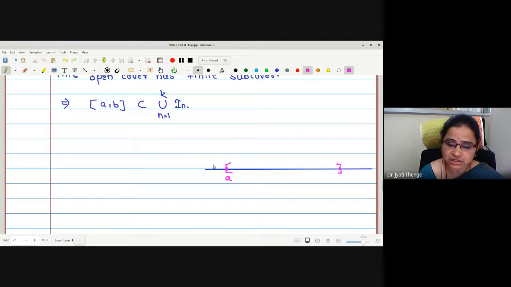Now, the first interval we will select is I1, which I'm going to select as (a1, b1), around a. Therefore, here I will write a1 and here I will write b1. Is that okay?